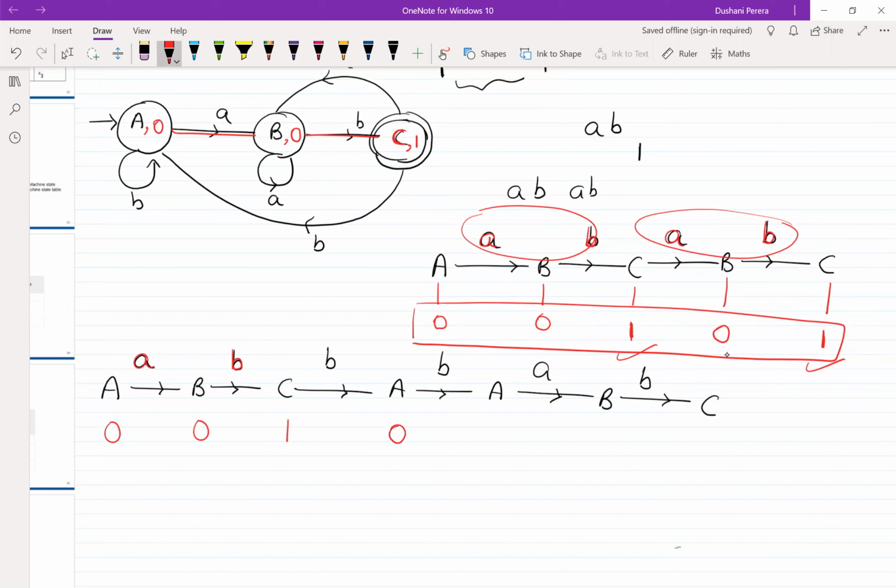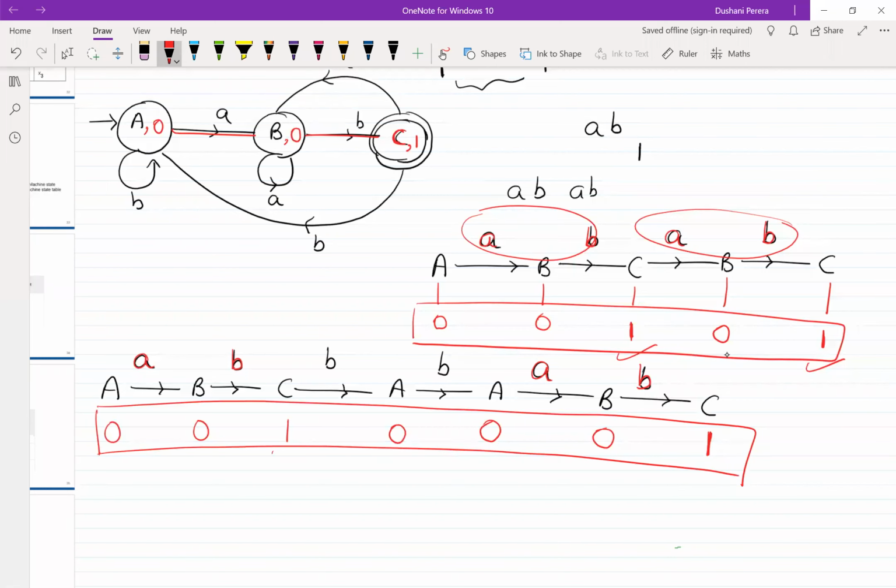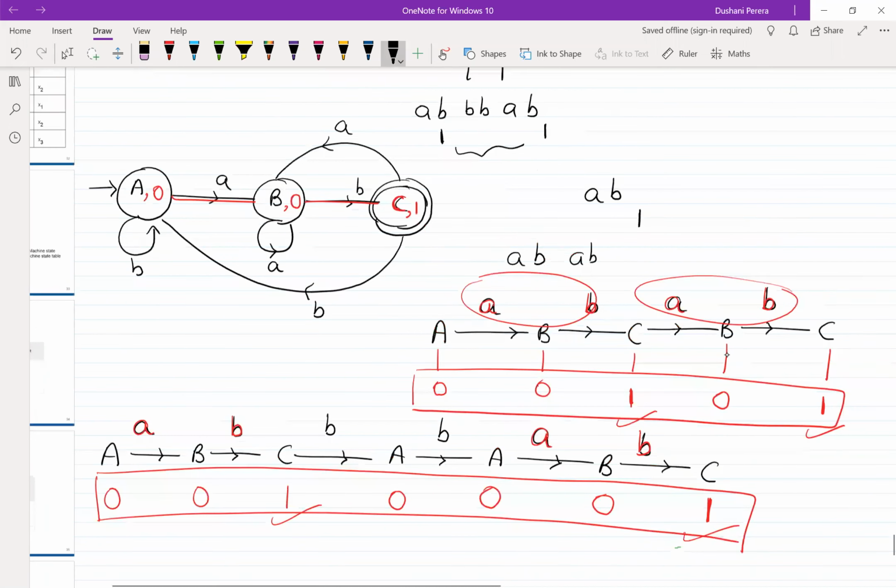Okay, again 0, 0, 0, 1. Again you saw an AB, so you printed 1. In between you have B's, doesn't matter. You print zeros. However, your ones will capture the ABs that you have. Got it? Okay, so this is an example for a Moore machine.